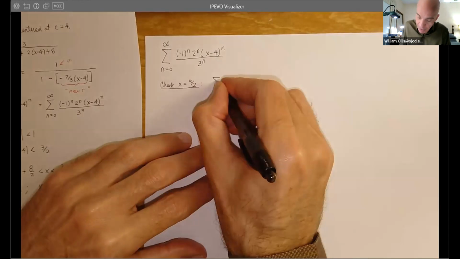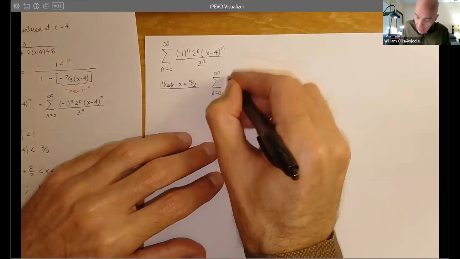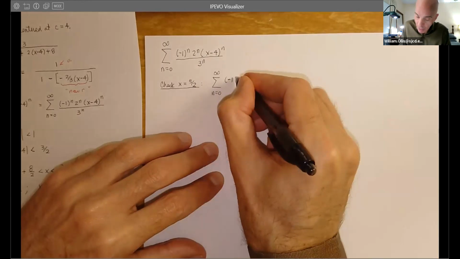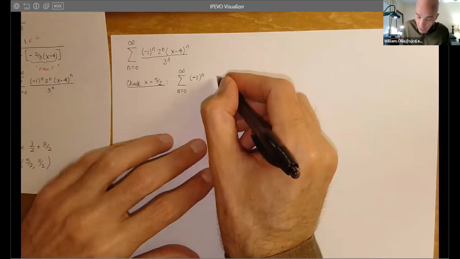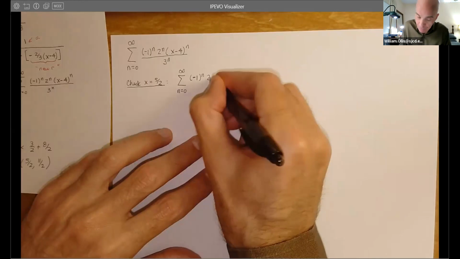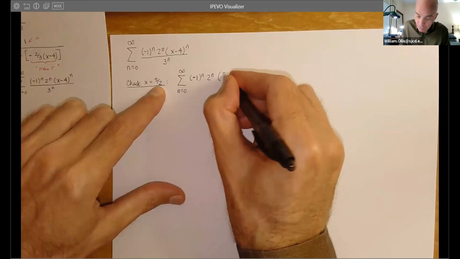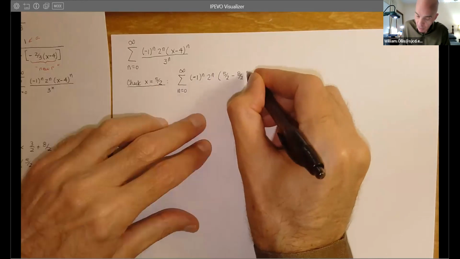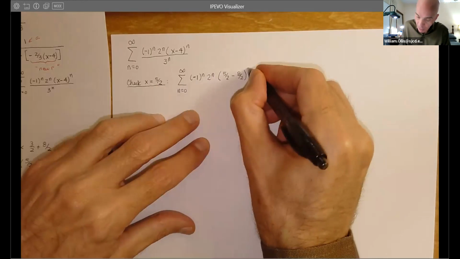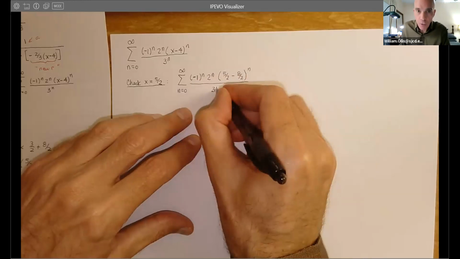So we have the sum from n equals 0 to infinity of (-1)^n, and now that we've used that, I'll move this over. And so we have 2^n. And now we've got the 5/2 here, so 5/2, and we'll write this as 8/2 minus 8/2, to the n over 3^n.